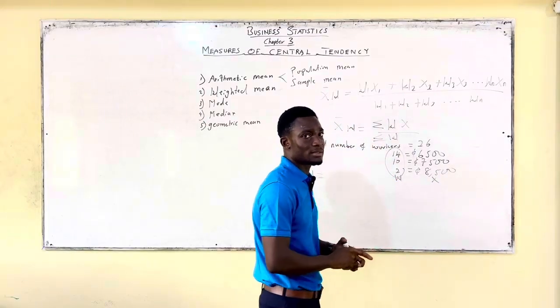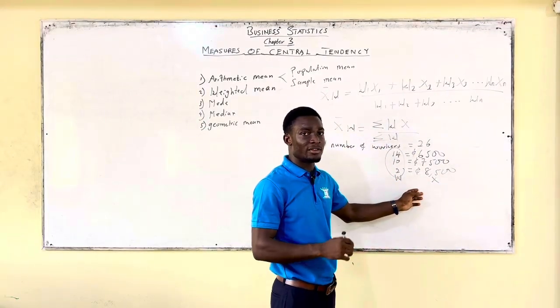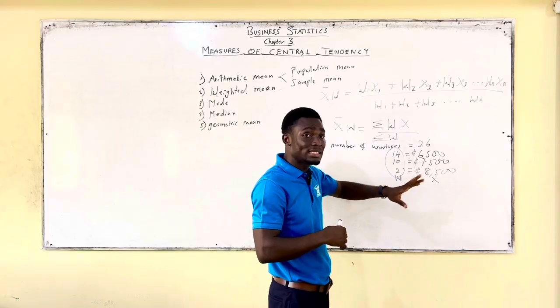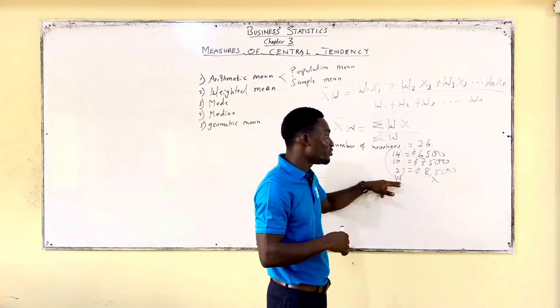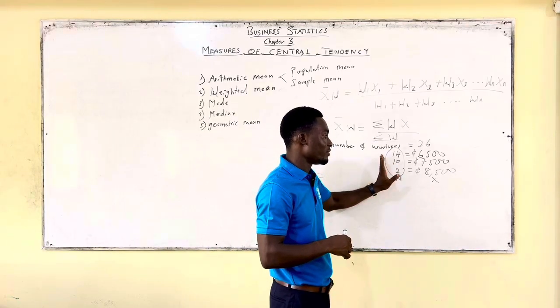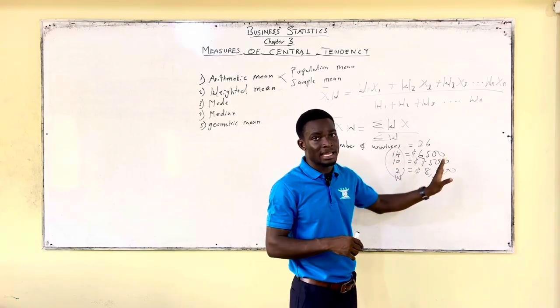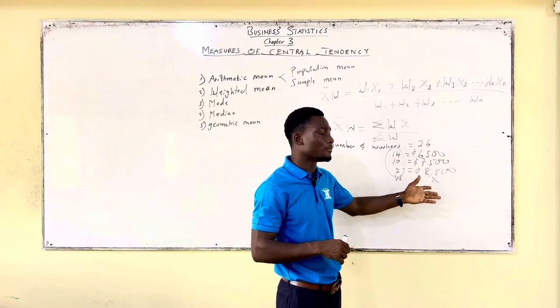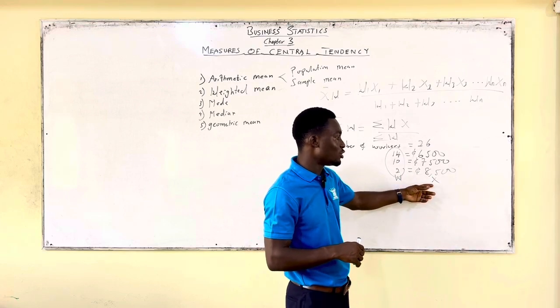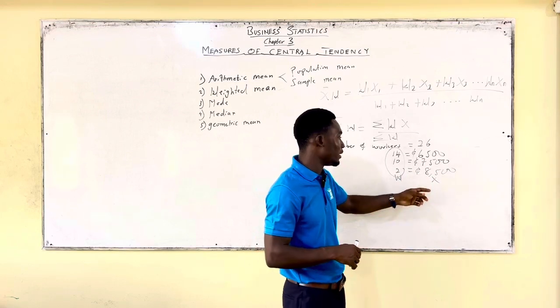Please know the difference. Most of the time, the w values are the least values, and the x values are the higher values. So make sure that you don't interchange them.